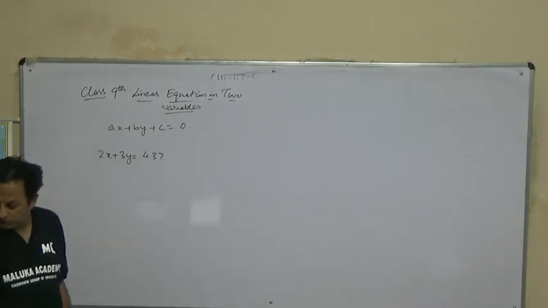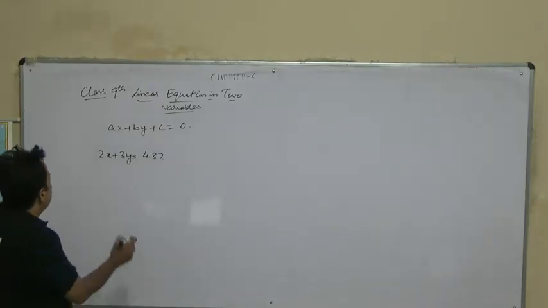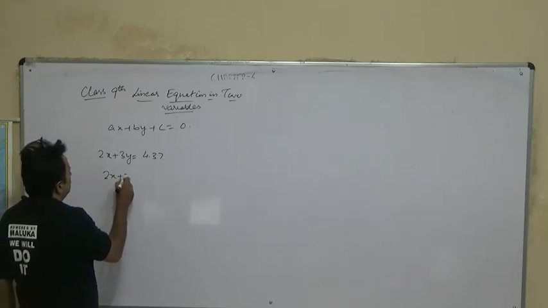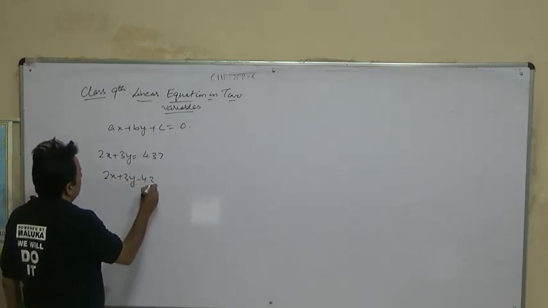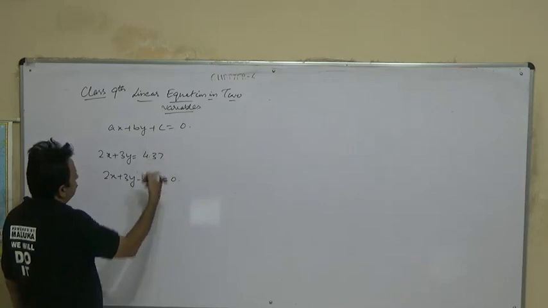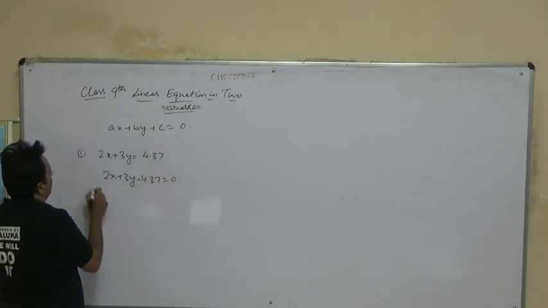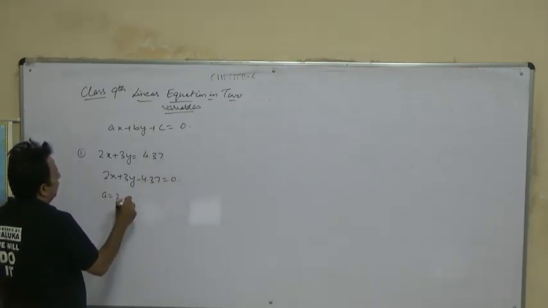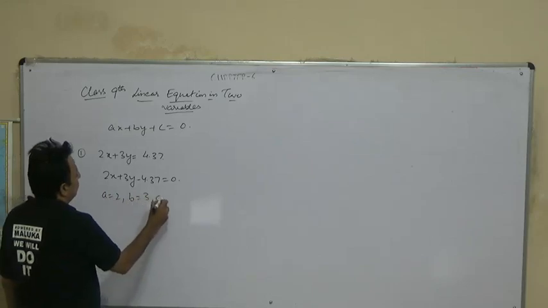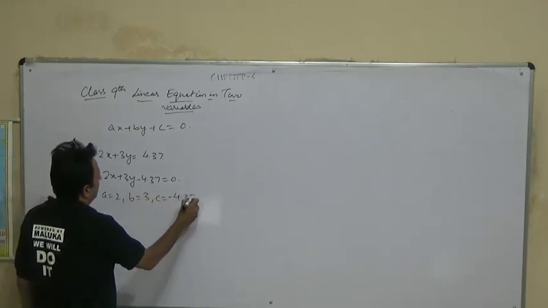So we convert this to the desired format. It will be 2x plus 3y minus 4.37 is equal to 0. Comparing with the standard equation, we find that the value of a is 2, the value of b is 3 and the value of c is minus 4.37.